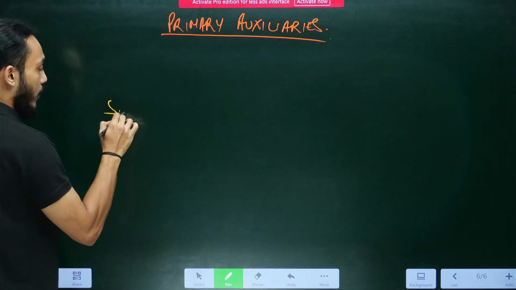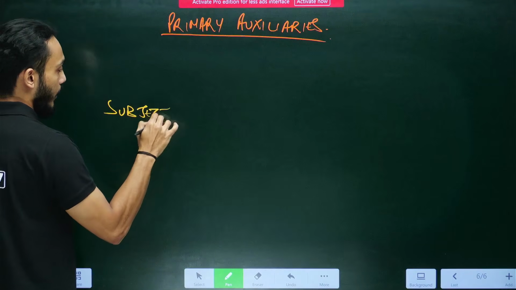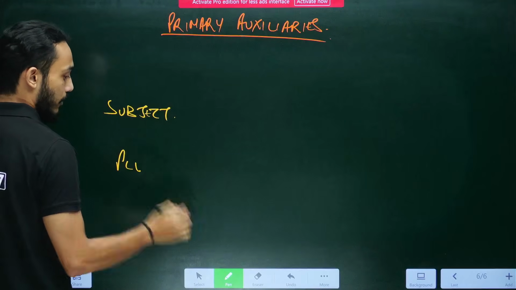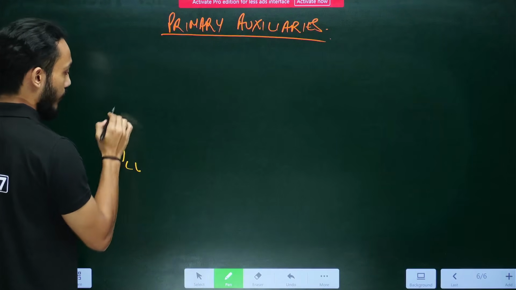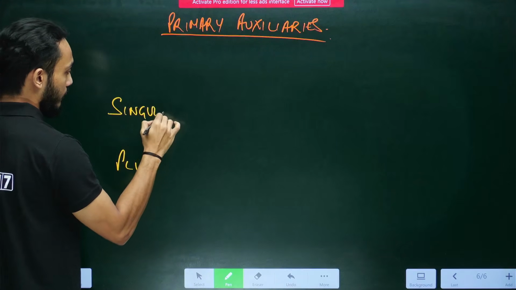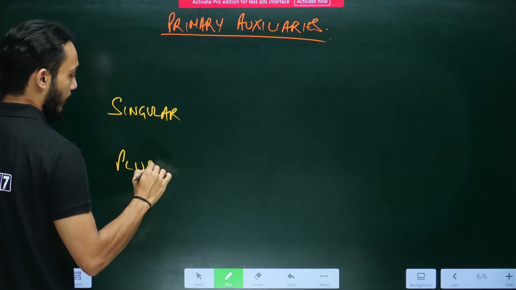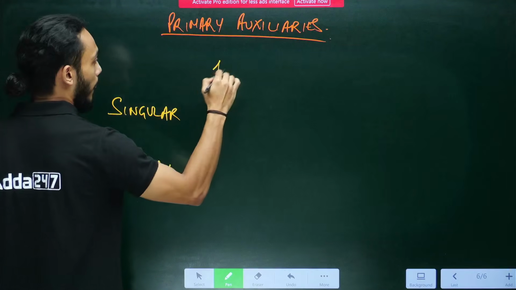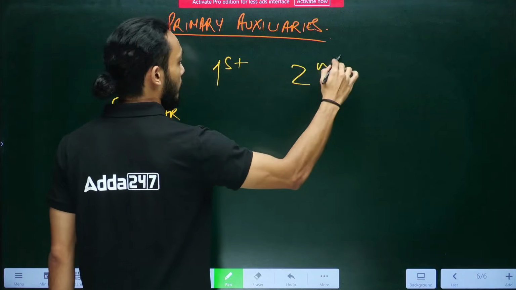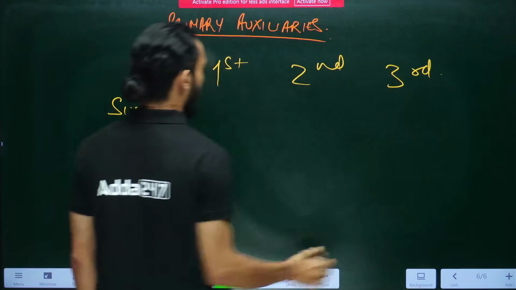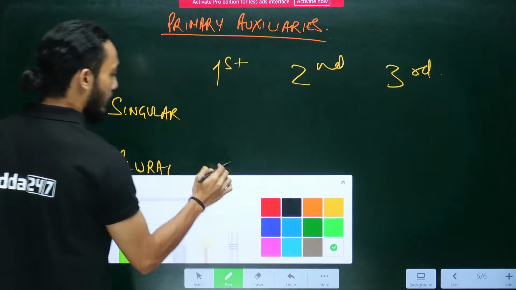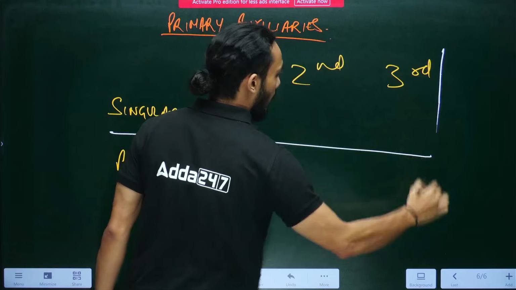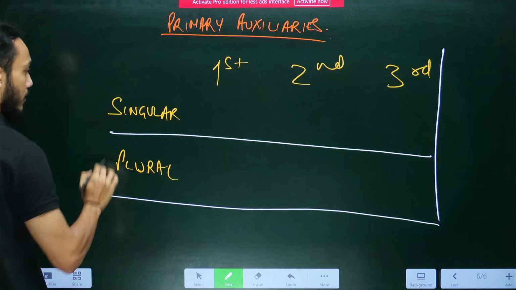So we can take a look at it like this. We can make a chart to make the work easier for us. I'm writing the number and person in this chart.